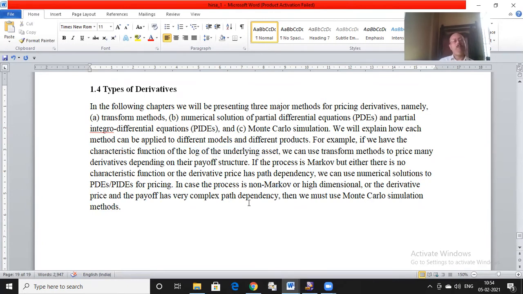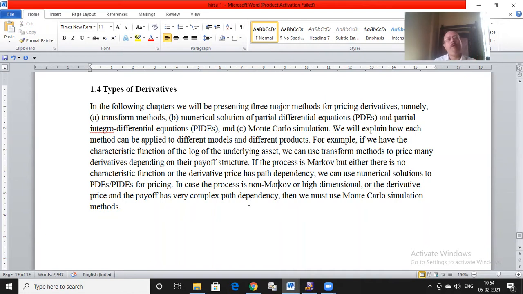When all of these fail, the process is non-Markov or very high dimensional, the payoff is path dependent, or the derivative is extremely complicated so that we cannot write explicit PDEs or PIDs, then we fall back on the Monte Carlo simulation methods. Monte Carlo simulation methods happen to be the most general. It works every time, whatever the structure may be, but it is also the most expensive.